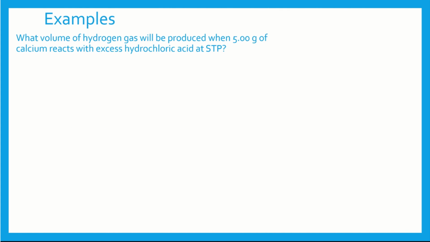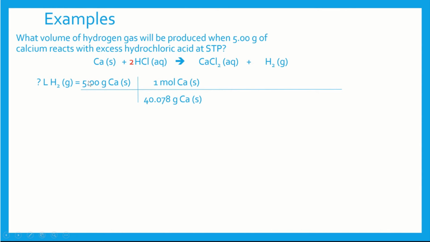Let's take a look at an example problem. What volume of hydrogen gas will be produced when 5 grams of calcium reacts with excess hydrochloric acid at STP? All right, so calcium plus hydrochloric acid yields calcium chloride and hydrogen gas. We've got 5 grams of calcium. We're going to use our periodic table to go to moles of calcium.